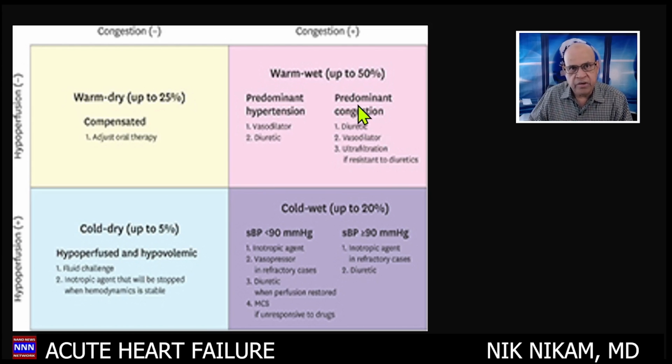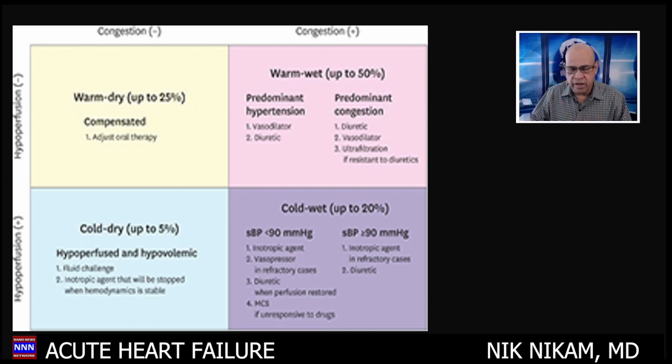The main thing you need to differentiate is, is this person warm or is this person cold? If the person is cold, then you may be looking at reduced cardiac output, reduced cardiac index, and reduced systolic left ventricular function, and that's where the focus needs to be taken.